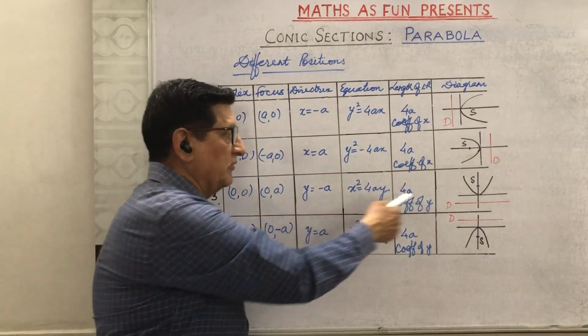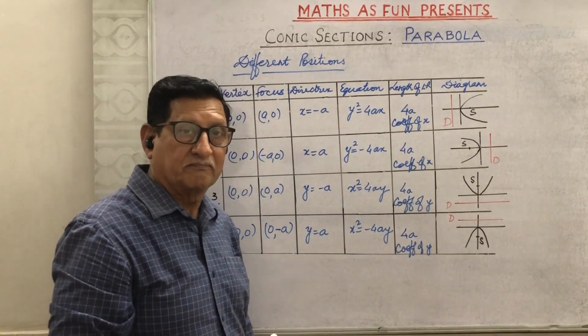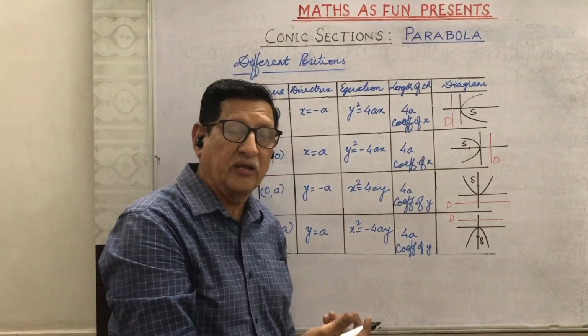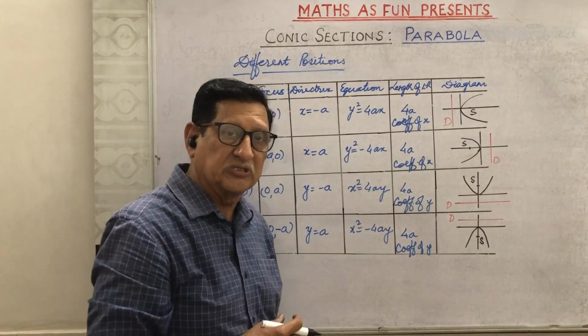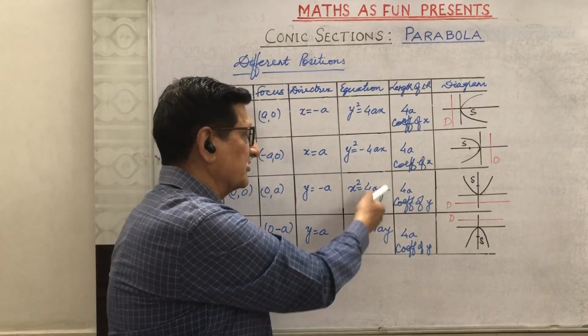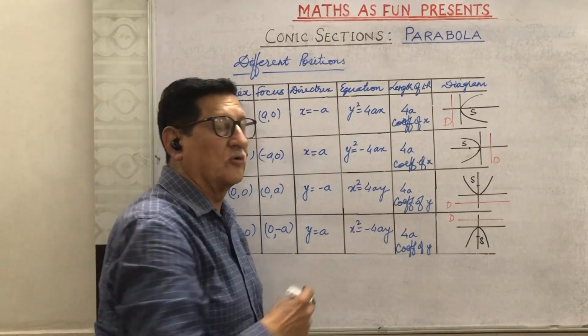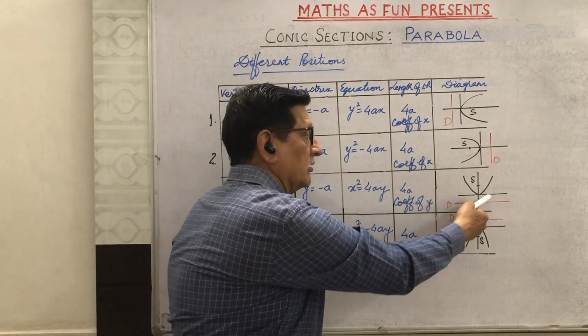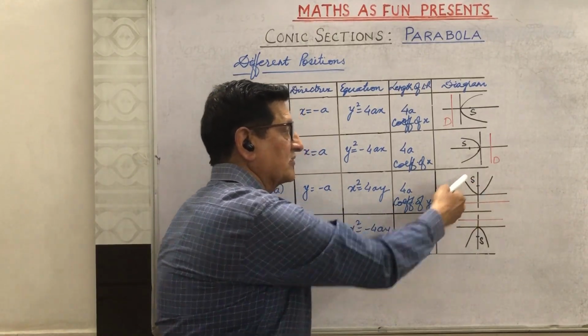The directrix will be y equal to minus a. The equation will be x square equal to 4ay, because x and y have been interchanged here. The length of the latus rectum here also is 4a, but here the coefficient of y is the length of the latus rectum, and the diagram will be on the positive side of the y-axis.